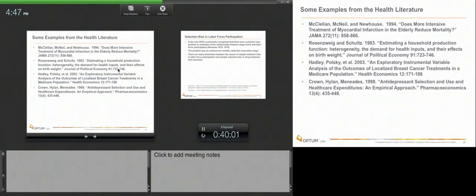People who are severely ill and having an AMI are likely to go to the local hospital, but that's not a good measure of whether a more intensive intervention is successful, because it's confounded by the fact that they're just being taken to the nearest place.